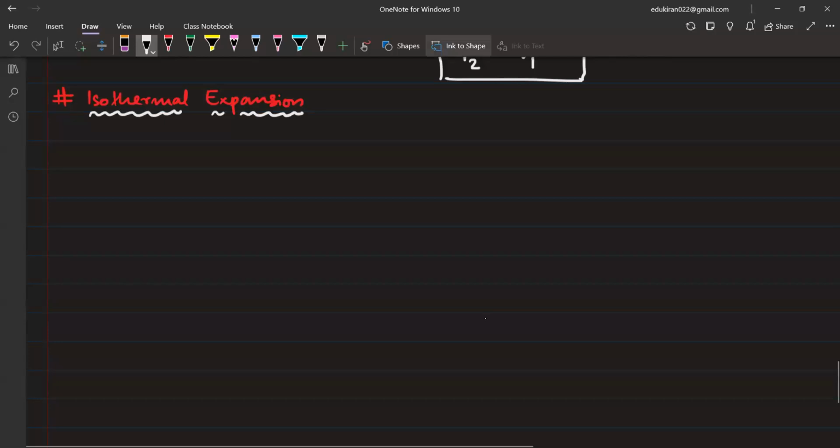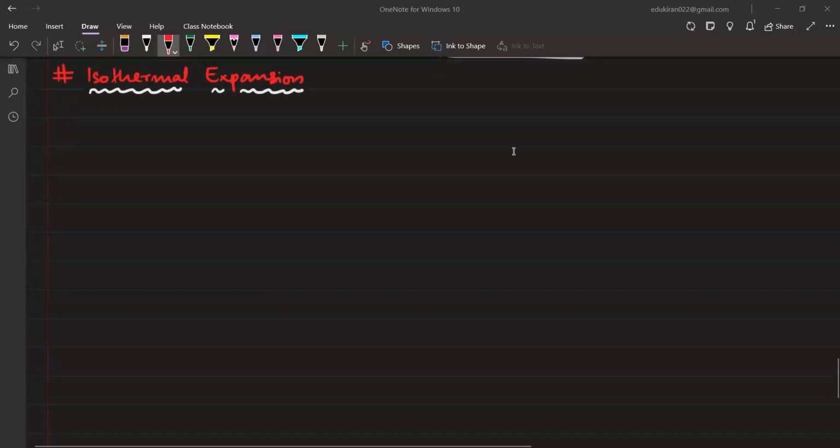After that we are going to write the conclusion of what it is saying. Isothermal, tell me guys, isothermal. Isothermal expansion, that means what is happening? What does expansion mean? Does volume increase or decrease? Expansion means volume increases. And isothermal means temperature changes or is it constant? Please all of you say these things, otherwise things will not be understood.